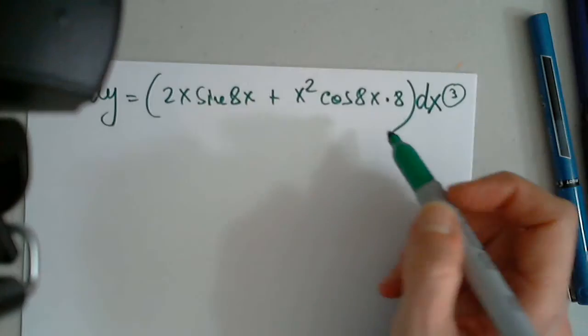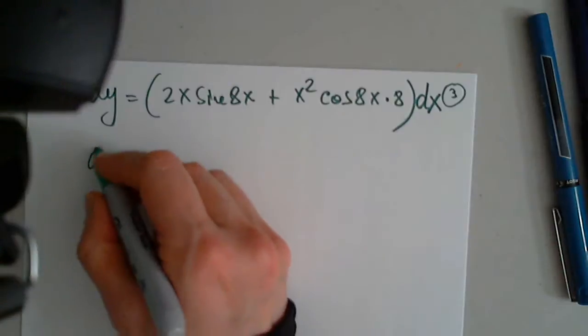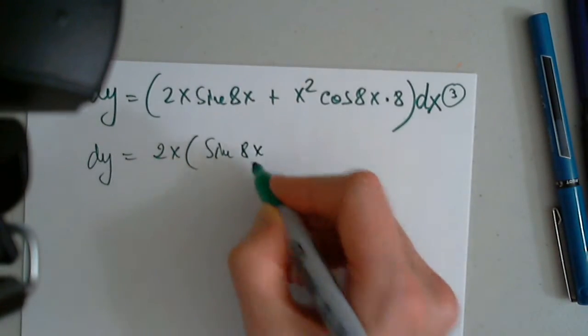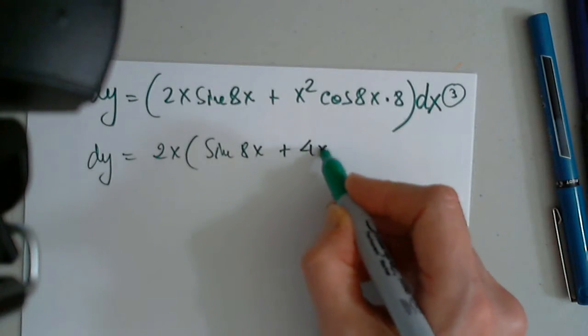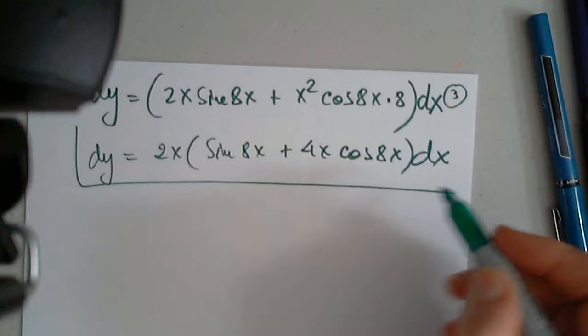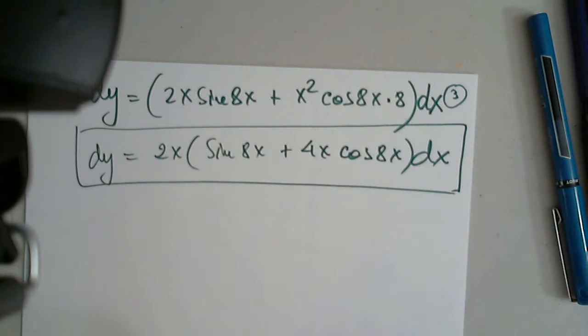So that's dy. If you want to factor out 2x, you can. You don't have to. 2x times sine 8x plus 4x cosine 8x, dx. This is the differential of y.